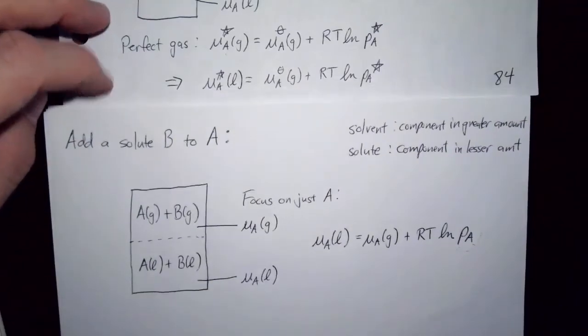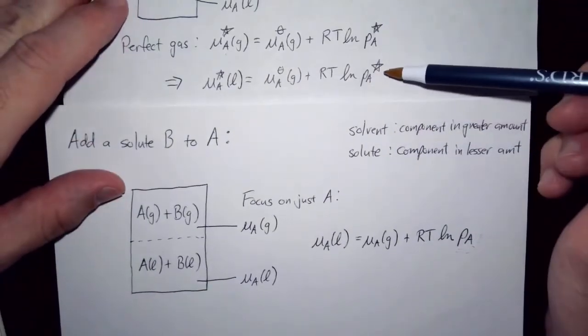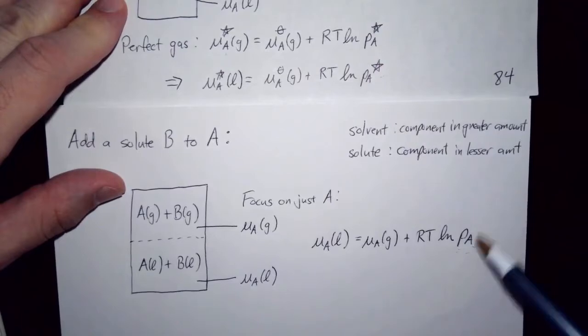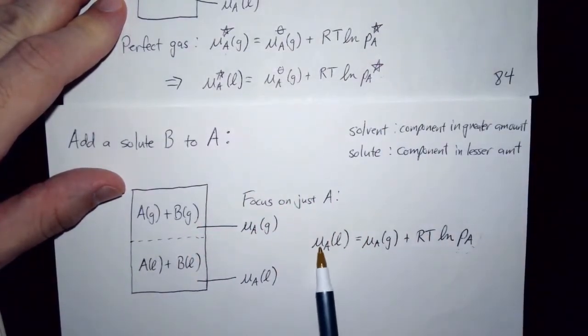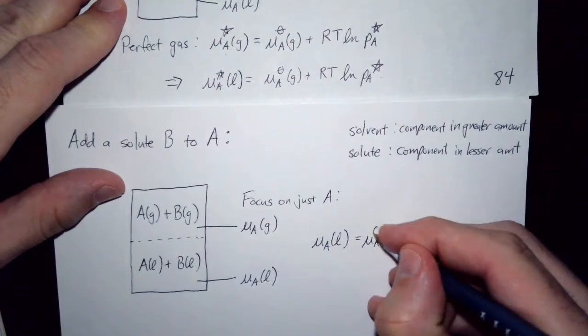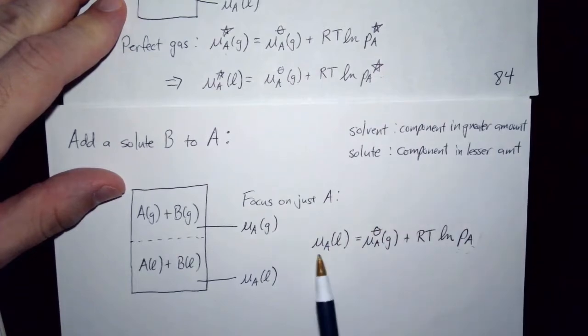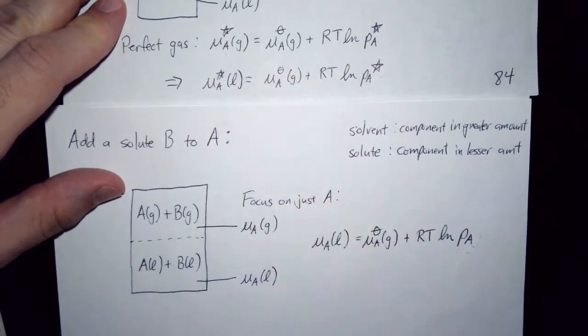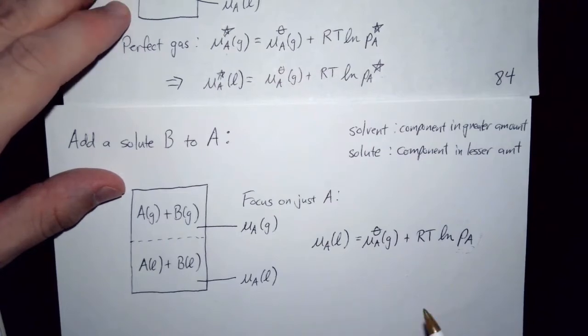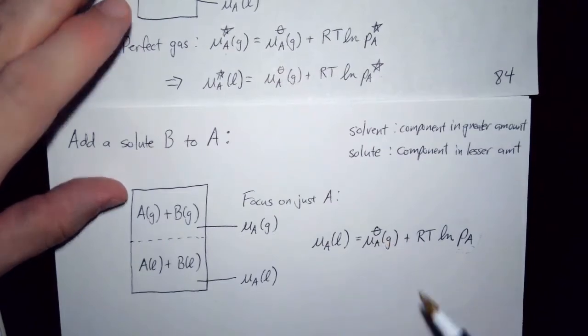Okay, so I've put the previous equation right here. This is for the pure substance. And then I have this equation for the mixture. And notice that these equations both contain this term, standard chemical potential of A in gas form. So we're going to use that to substitute one of these expressions into the other.